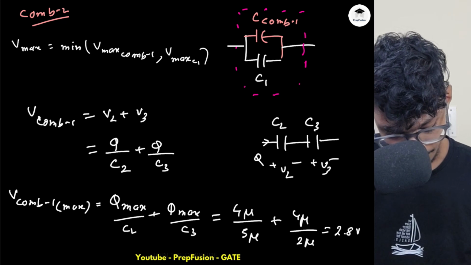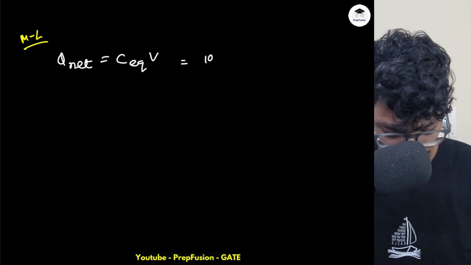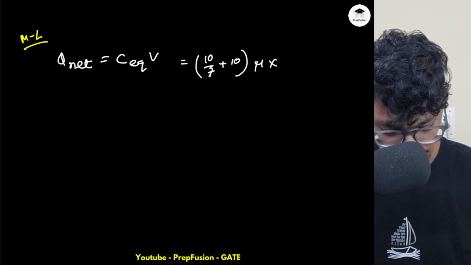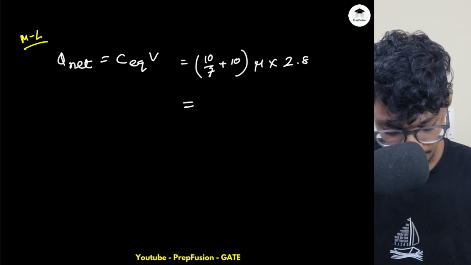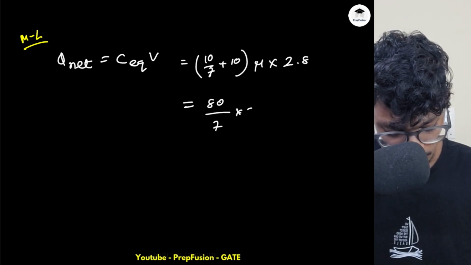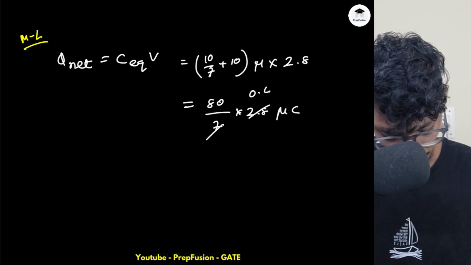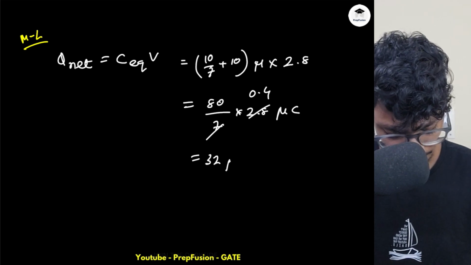So 10 by 7 plus C1, that is 10 micro, into the potential, 2.8 volts. This comes out to be 80 by 7 into 2.8 microcoulomb, which is 32 microcoulomb.